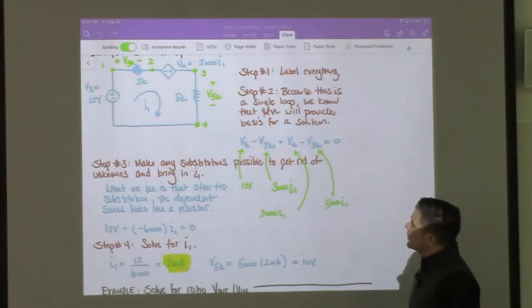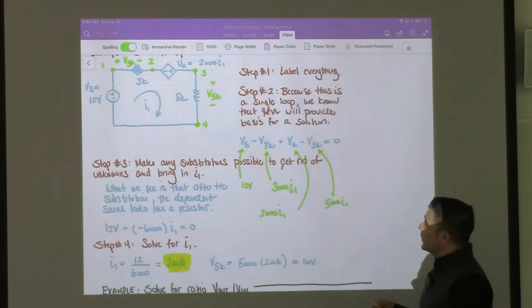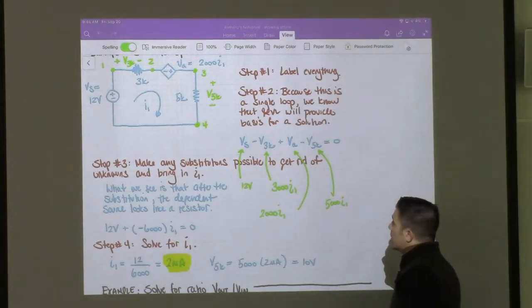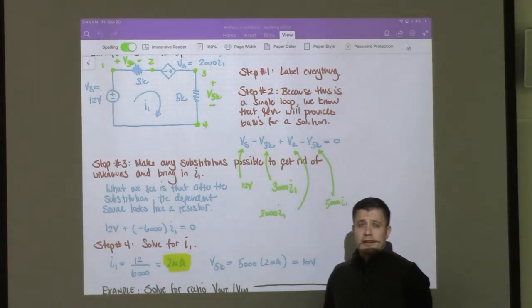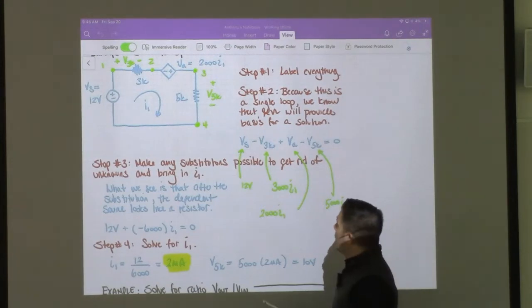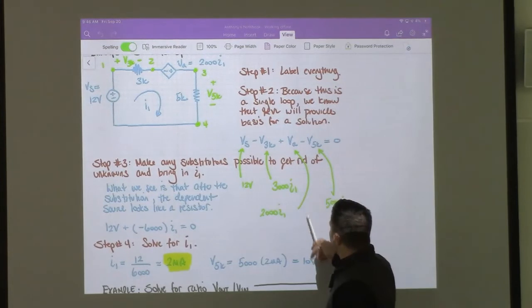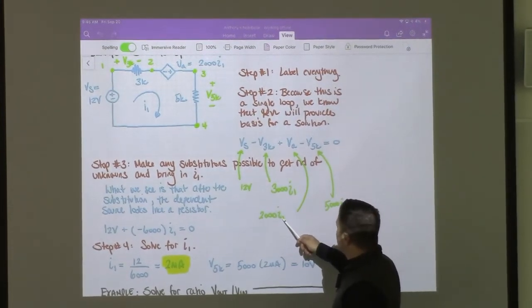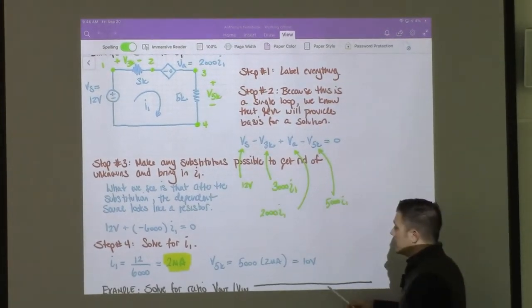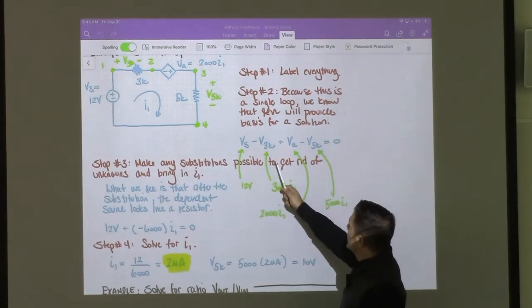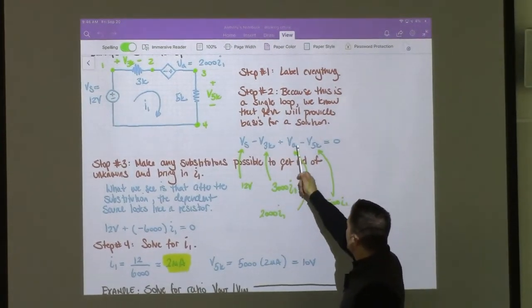Do all the voltages sum going around in a circle? Let's do a check of that real quick. So we have 12 minus 6 is 4, plus 2,000 times I1, so that will be 4. So this is 6, 4, and 10.